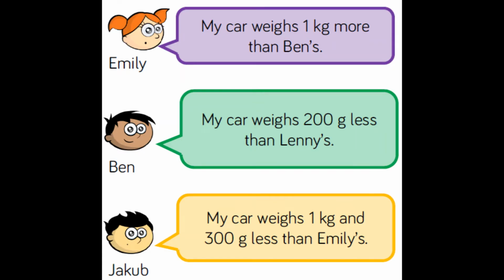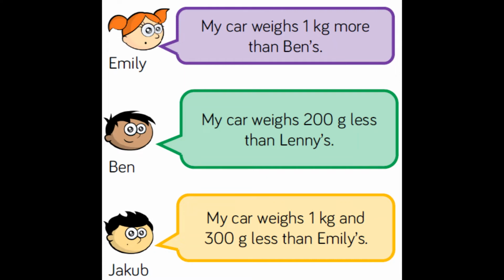Right, so here are our clues about the children. So we need to work out how much their cars weigh without looking at a scale. So Emily says, my car weighs 1 kilogram more than Ben's. So we'd have to work out how much Ben's was. Ben says, my car weighs 200 grams less than Lenny's.